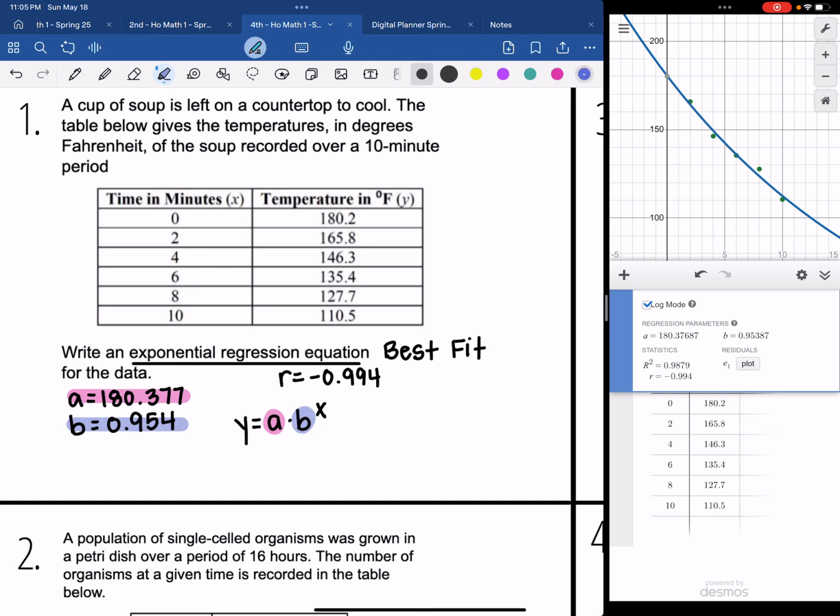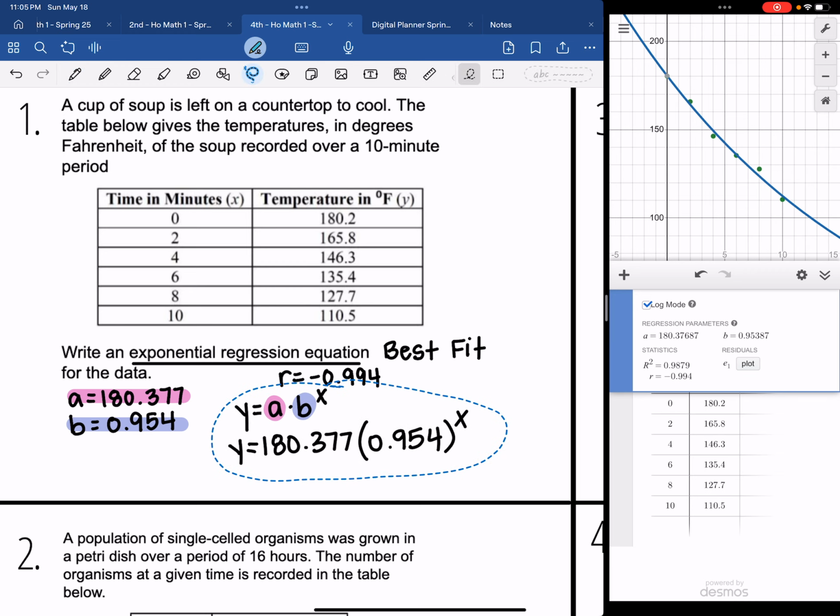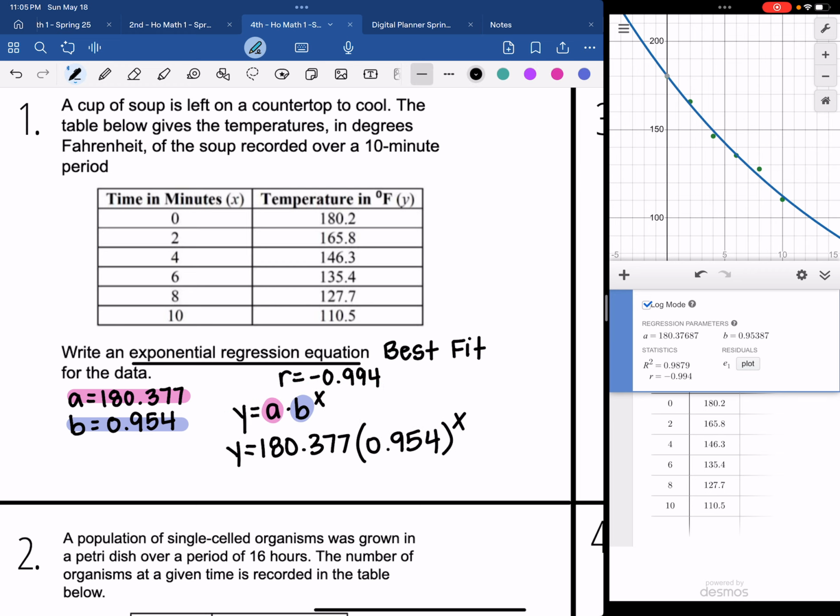So we're going to say y equals 180.377 times 0.954 raised to x.